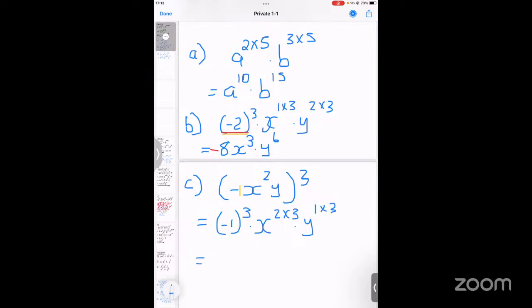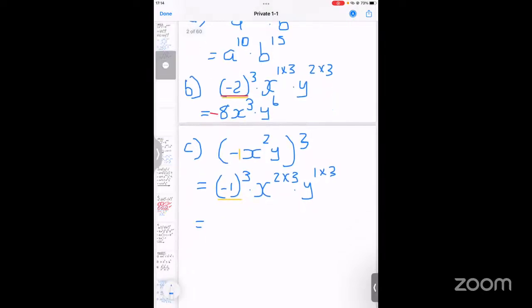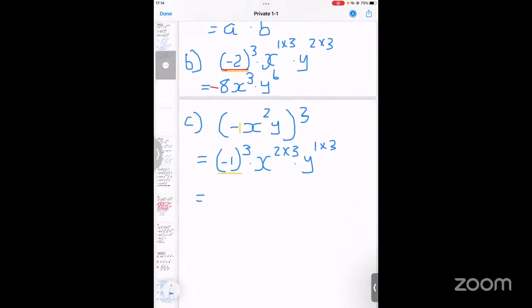And this should be equal to, and now this is where you need to punch it in a calculator and not write it just like I did on the previous question. So what does it give you when you punch it on your calculator? It gives me -1. Yes, then you write -1.